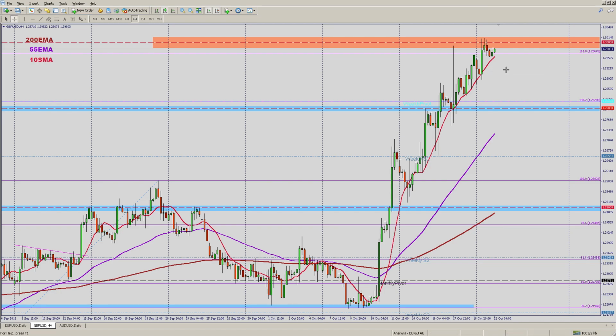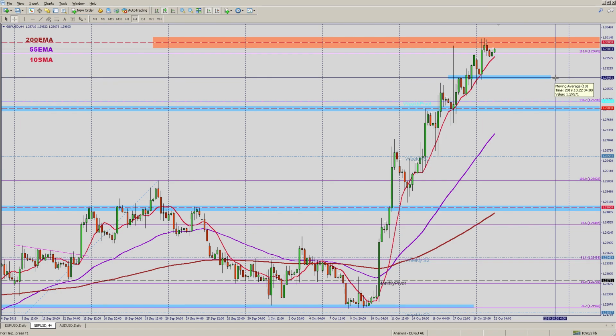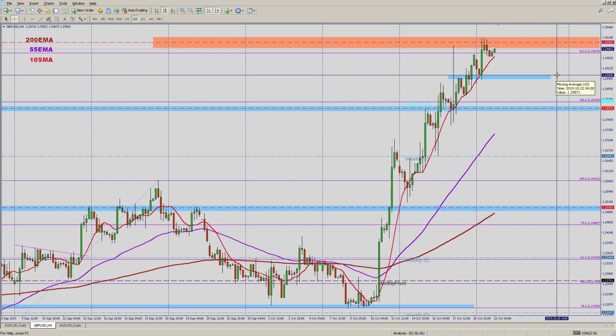So at the moment, do watch out as the cable and sterling pairs trade sideways, but do watch out for any break lower. There could be some interim support in this area, just below the 129 level.